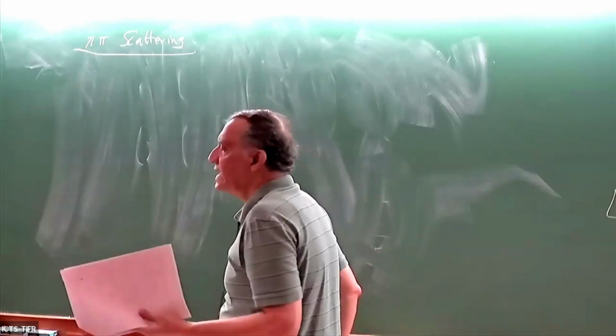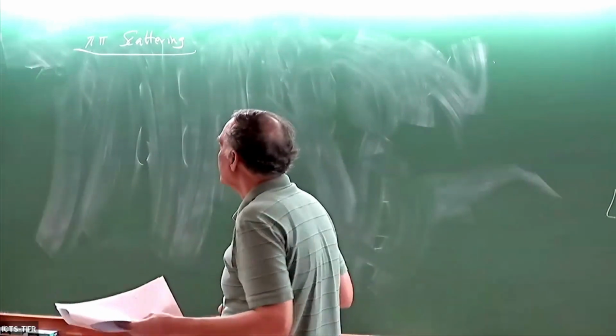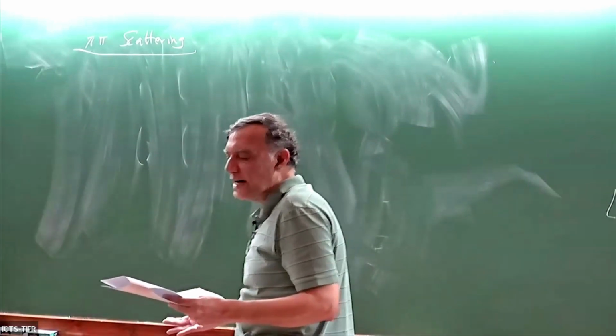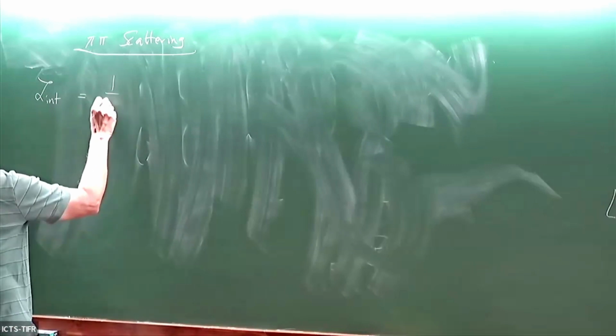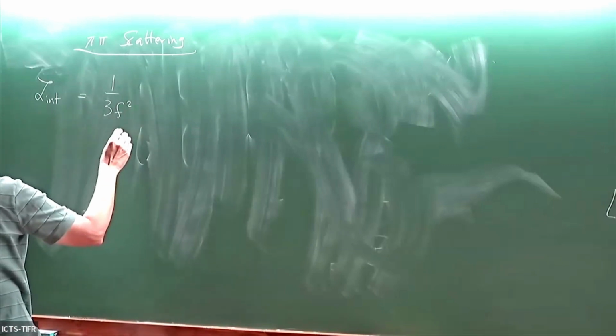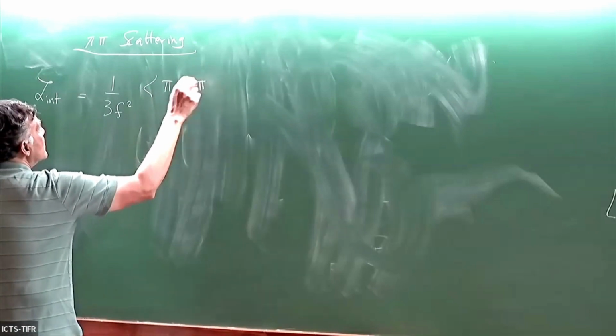Okay, so we wrote down the kinetic energy term, trace d mu sigma dagger, and the 2 pion piece of that was simply the pion kinetic energy term. And if I expand to 4 pions, I think I may have written this down already, you get 1 over 3f squared, the trace of pi commutator d mu pi whole squared.